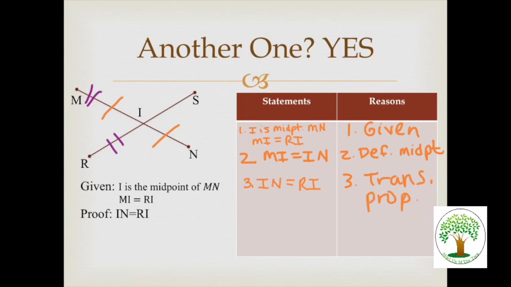Now, I have used these two, transitive and another one, almost interchangeably at times. Not always can you use this other one in place of transitive, but sometimes. I knew what MI was, and I could have picked up the IN and put it in the place of MI. What reason is that one?